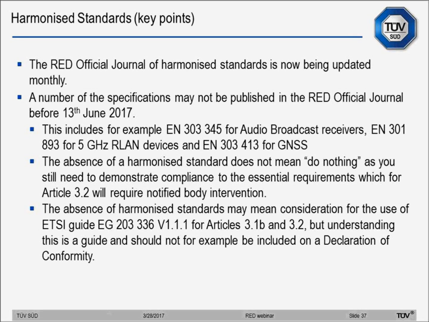Just remember that all guides are purely for compliance support and therefore cannot be referenced on declarations of conformity, as they do not demonstrate compliance to the essential requirements. They are only guides, and always the wording of the RED prevails. If there are inconsistencies between the guidance and the RED, the RED is the important document.